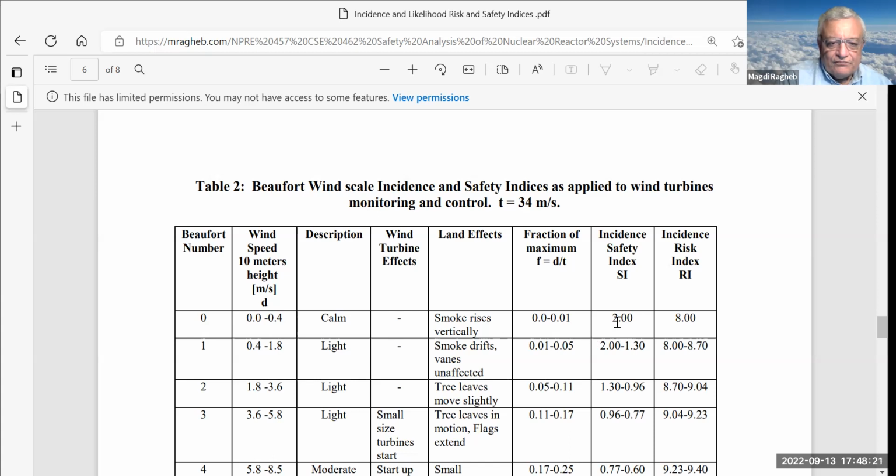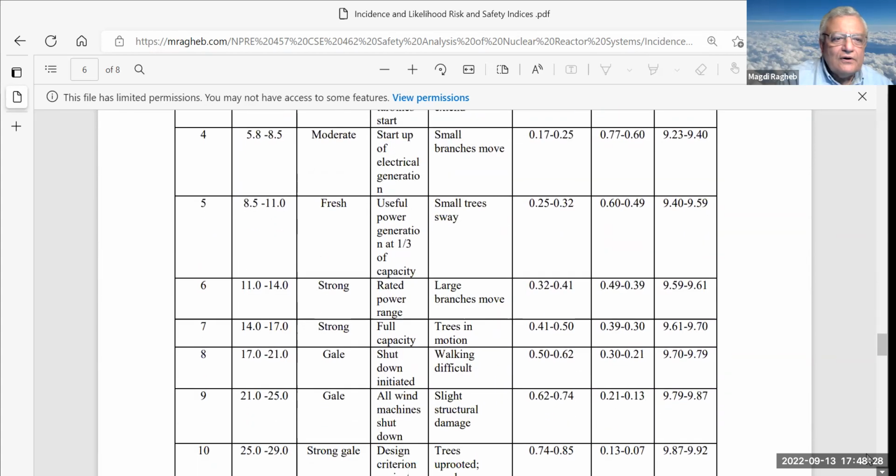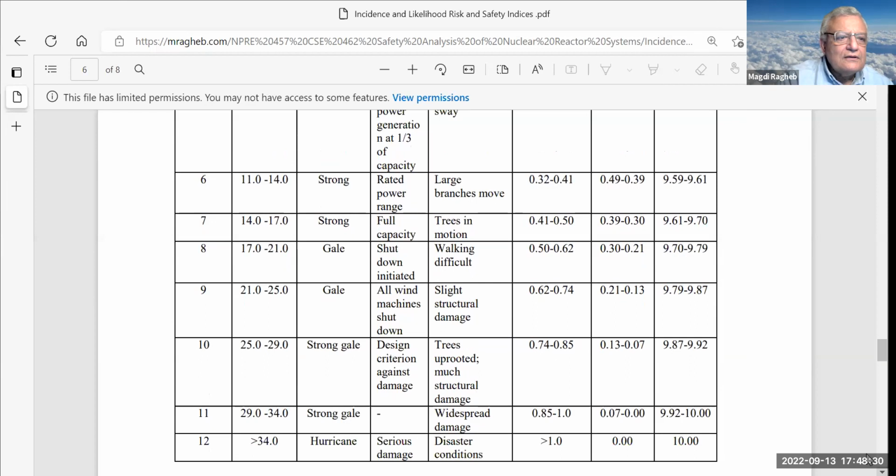you get a safety index of 2, whereas when you attain the value of maybe here 0.39 to 0.3, then this is the full capacity operation of a wind turbine. You start shutting down the wind turbines at a scale of 0.21 to 0.13.